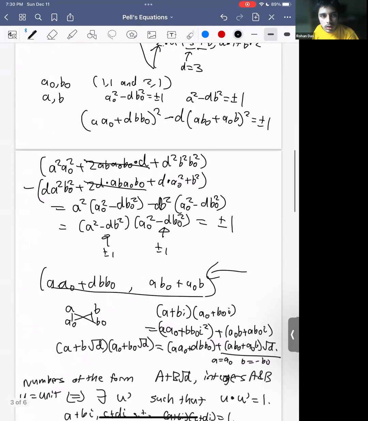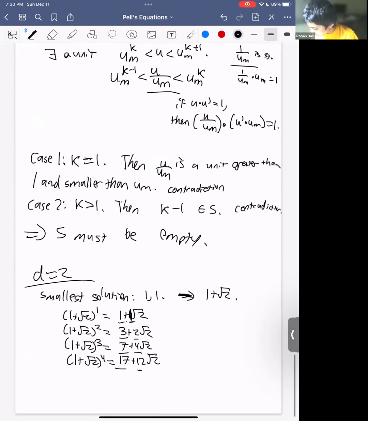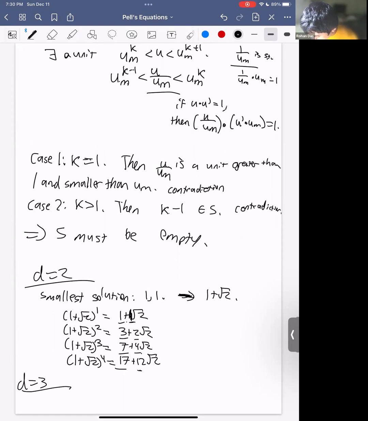And we can do a similar thing for d equals 3. We have that 2 plus root 3 is the smallest solution. 2 plus root 3 squared equals 7 plus 4 root 3, and so on. And this will give us all of the solutions.